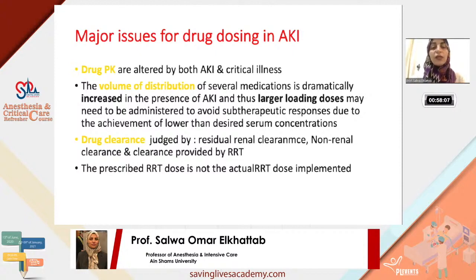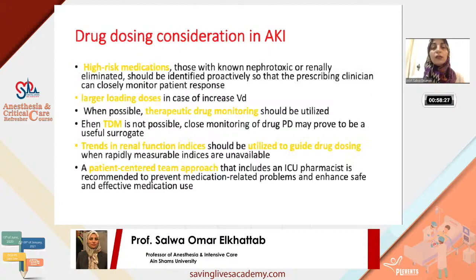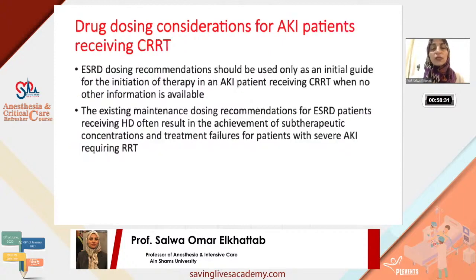Again, this is a very important area for a multidisciplinary approach together: intensivist, clinical pharmacist, and nephrologist. Actually, I cannot go deep in this. It needs another occasion, maybe different lectures, but this is a very important issue. Drug dosing in acute kidney injury and in the patient receiving hemodialysis, intermittent versus continuous.